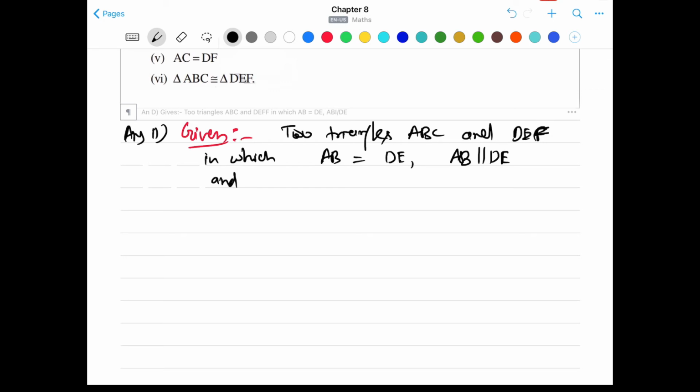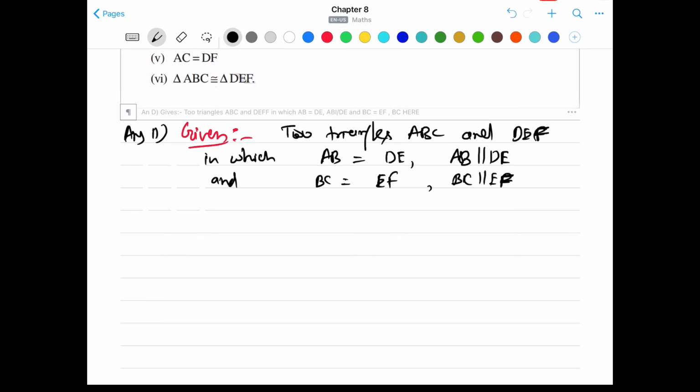And we have one more thing, that BC is equal to EF and BC is parallel to EF. So we got two different pairs of sides that are equal and parallel.